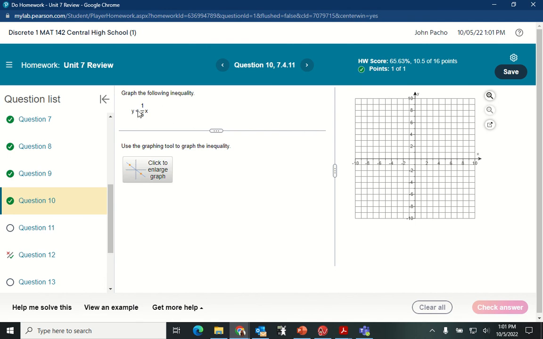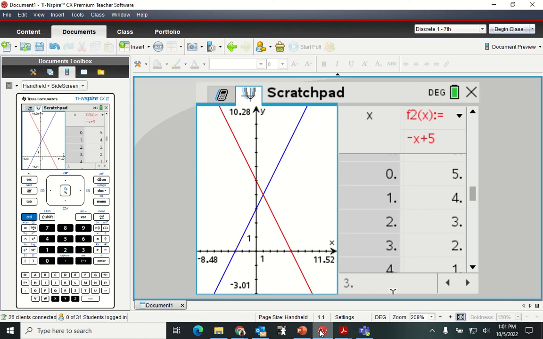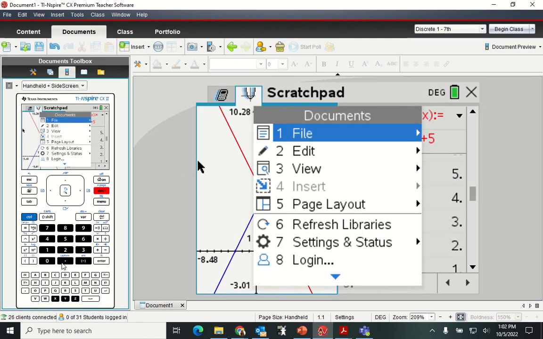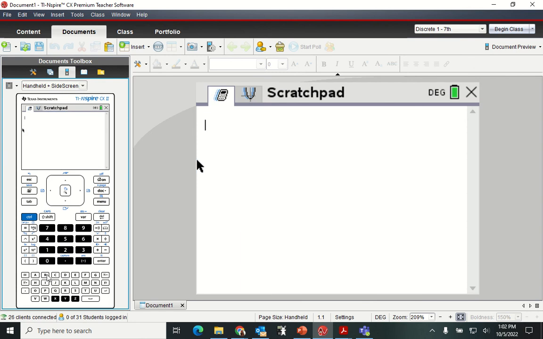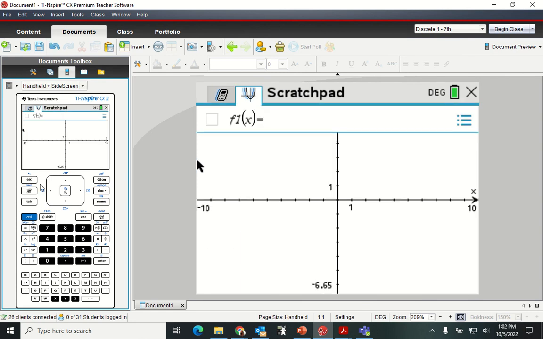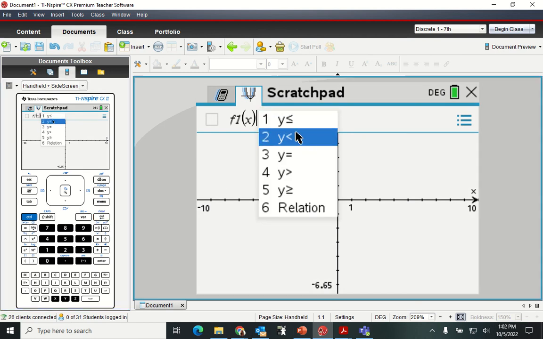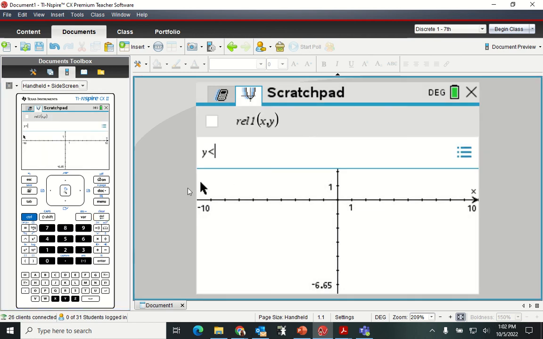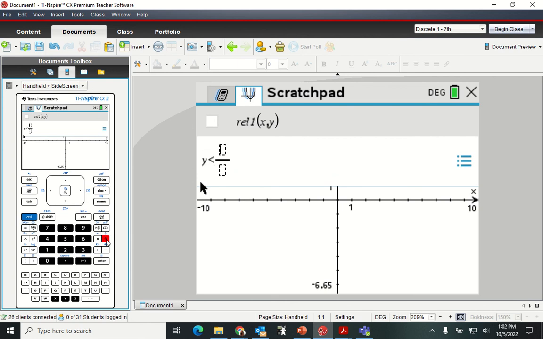So I have y is less than 1/6 x. Now, let's go to the option for y is less than. So hit delete. I want less than. Control divide. 1/6 x, right?